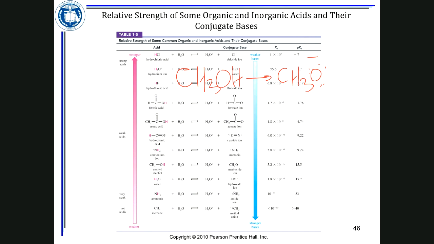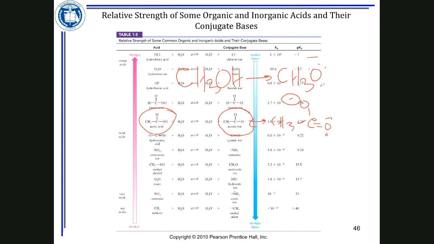No, no resonance. Acetic acid is going to form the acetate ion, because you have two oxygens here to share the double bond, so it is going to form resonance. So you have your second resonance structure here as the O minus and the O with two pairs of electrons.